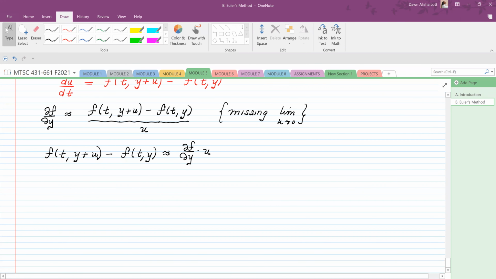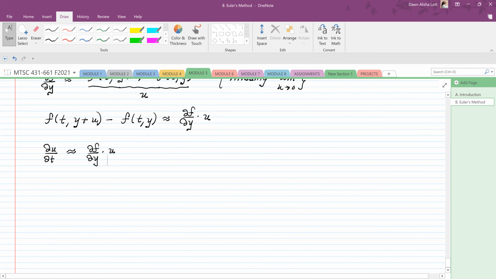All right, so therefore we can write that the partial of u with respect to t is, why do I feel like I have du/dt and not partial? Nope, that's right, it was partial. So the partial of u with respect to t is approximately the partial of f with respect to y times u.